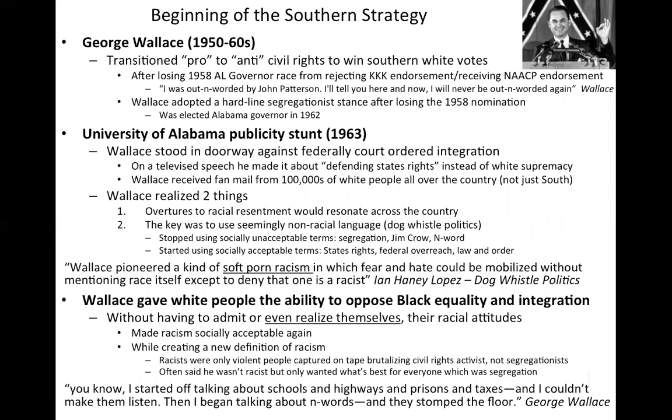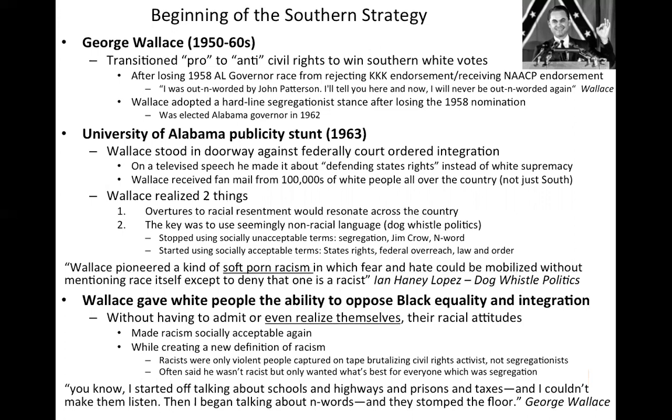Then in 1963, he does that publicity stunt where he stands in the doorway and tries to block the Black students from coming into the University of Alabama. It was completely staged. He had tape marked on the floor where he was supposed to stand. It was a huge publicity stunt.